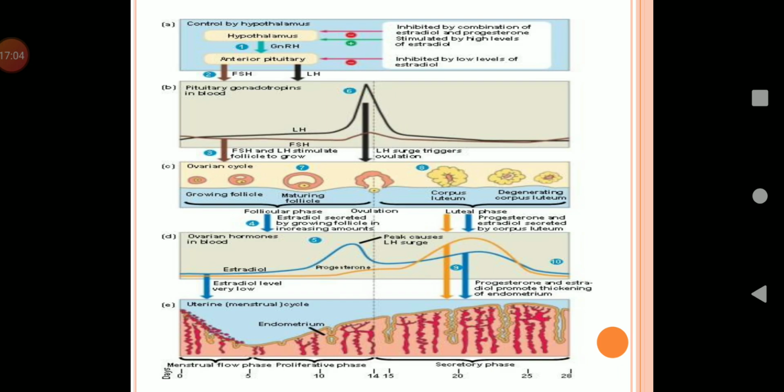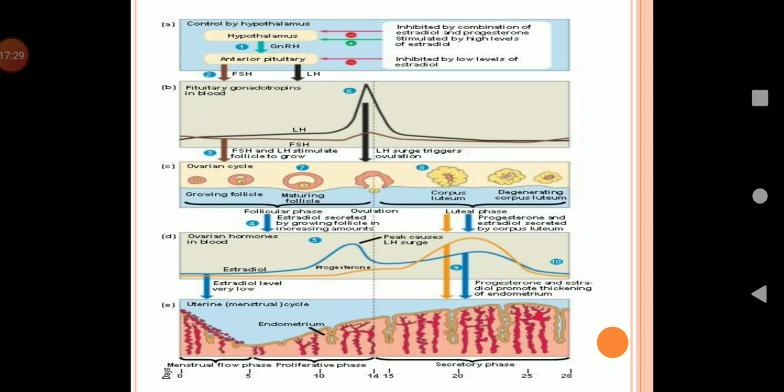These are the graphs which show the hormone levels and the follicular development during the menstrual cycle, and how the pituitary gland secretes different hormones during different phases of the menstrual cycle. During menstruation, estrogen rises as an egg prepares to be released.